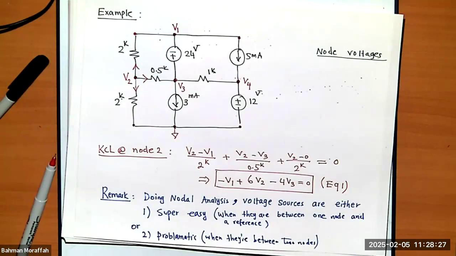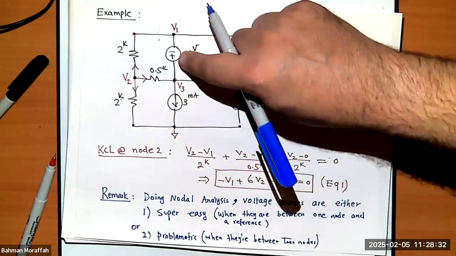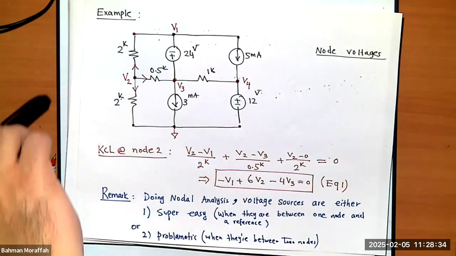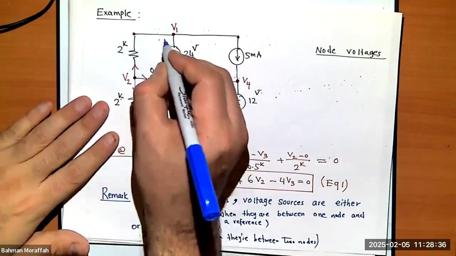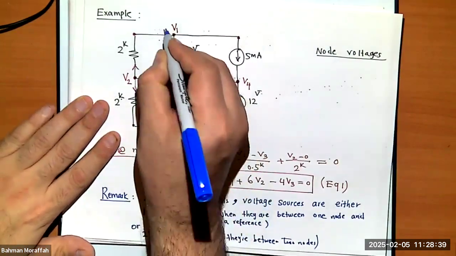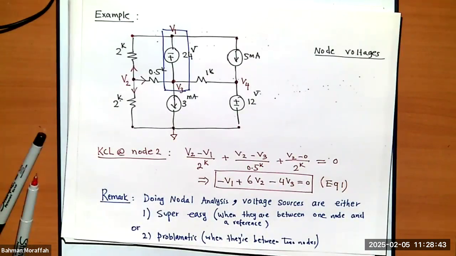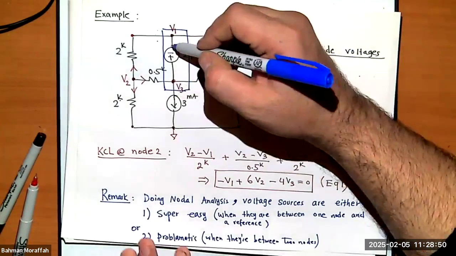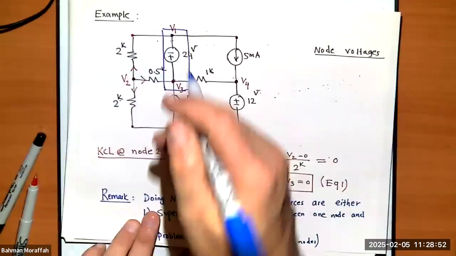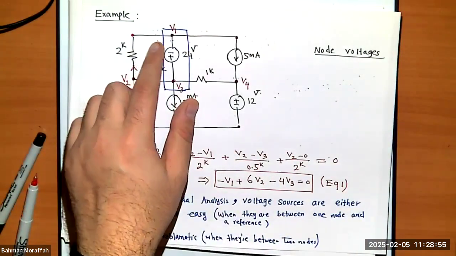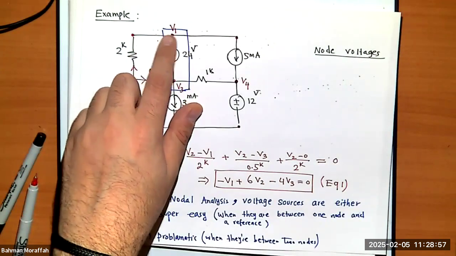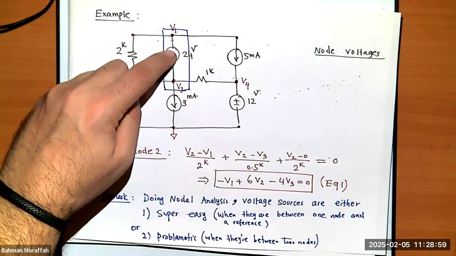What if there was a way that I could get around this problematic source? What if I basically combine these two nodes into one and write the KCL for that node? I can do that. Why? Because let's just assume there is an I going through here. Let's just call it I going down, right? If I write the KCL at this node, it's going to be this current, and this current going down.